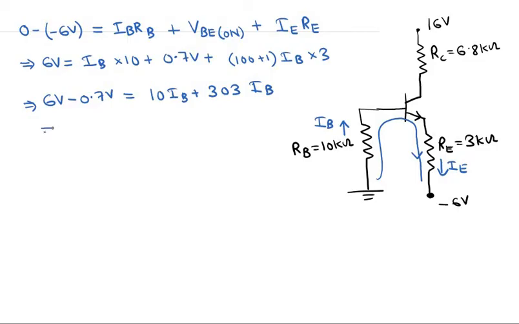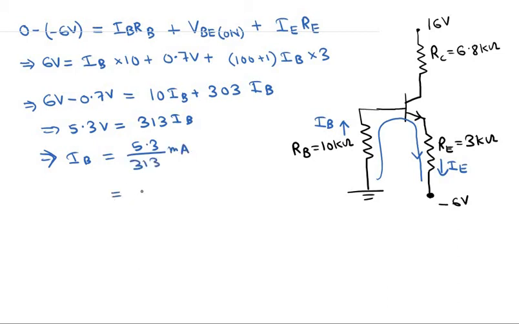So 5.3 volts is equal to 313 IB. So IB is simply 5.3 divided by 313 milliamps, which gives me 0.0169 milliamps.